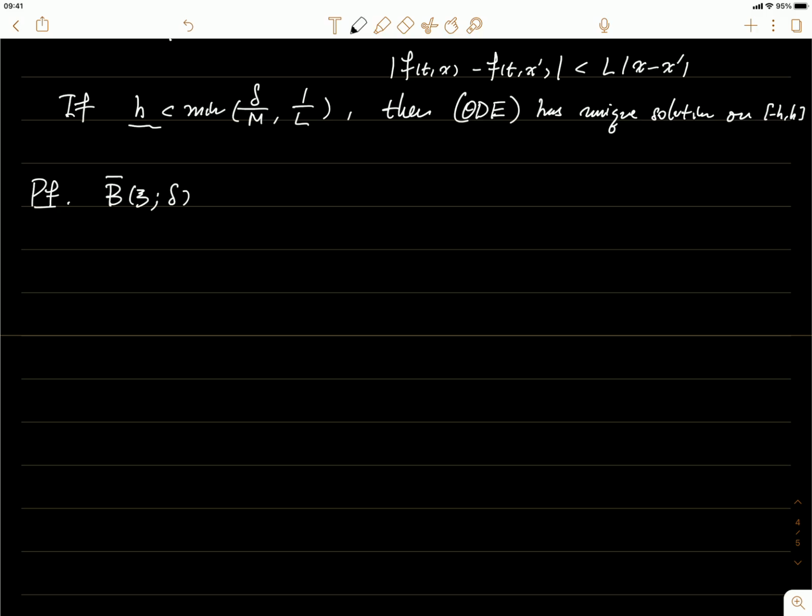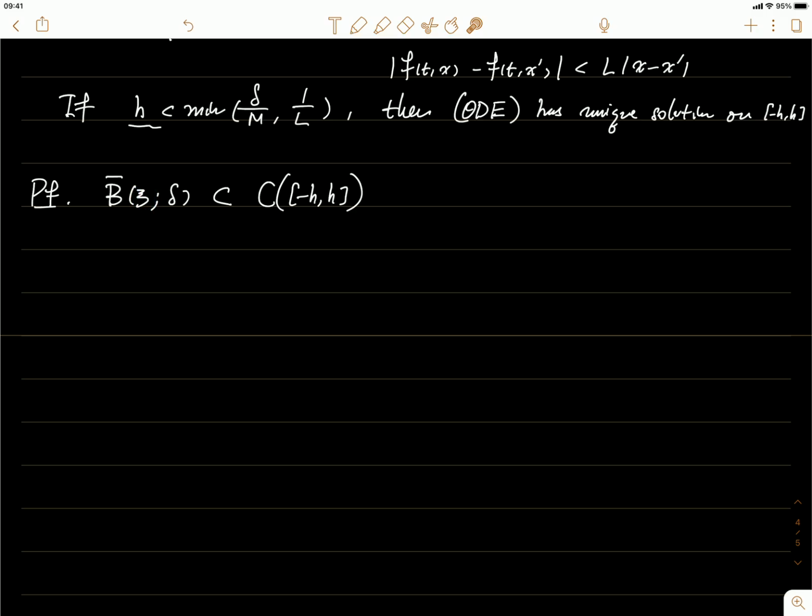What this means is a ball centered at C with radius delta in this space. This is a space of functions. Each point in this space is actually a function defined over the interval negative h to h, and this C can be treated as a constant function, taking the constant value C over this interval.